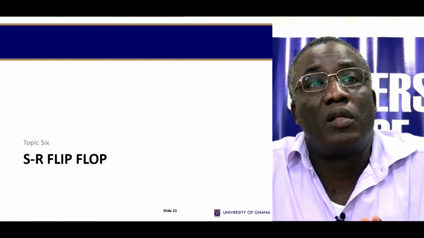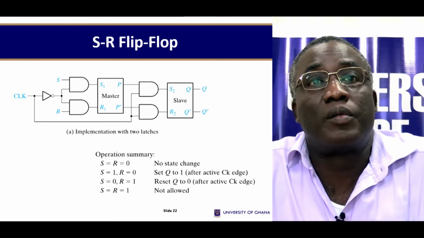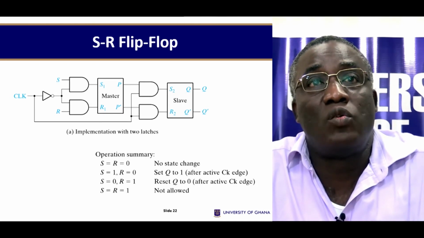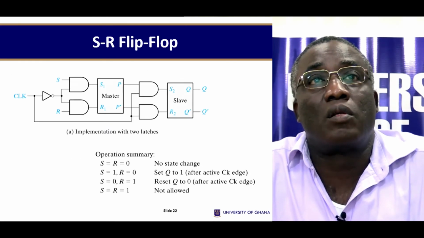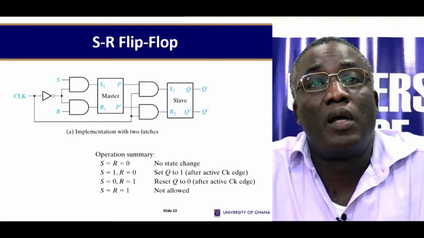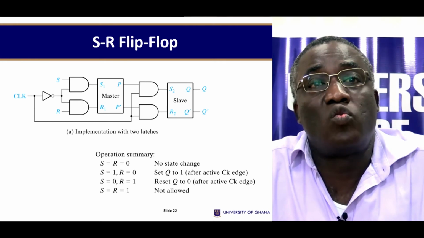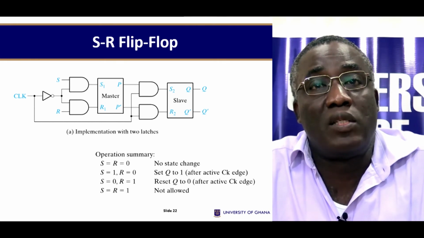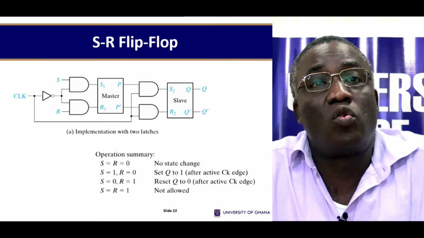Okay. So now the S and R flip-flop. You can implement this with two latches, right? So what you need to do is carefully look at the situations when S equals R equals 0, S equals 1 and R equals 0, S equals 0 and R equals 1, and S equals R equals 1.